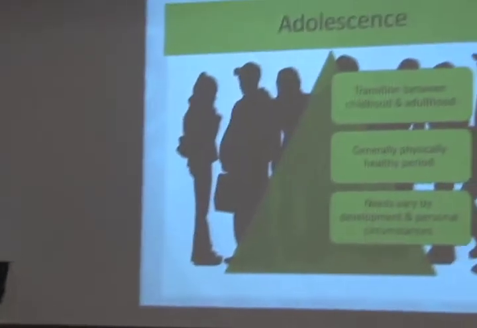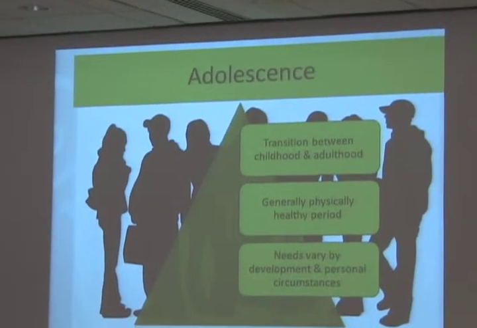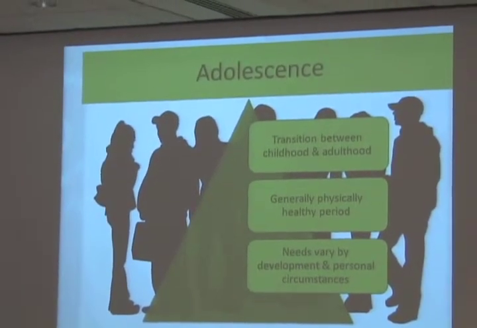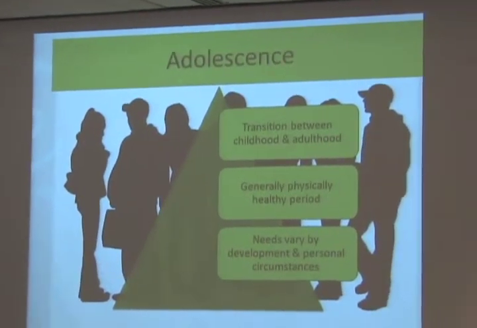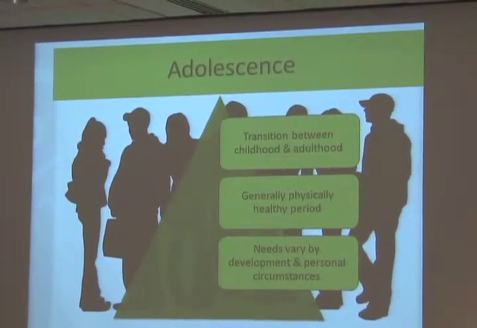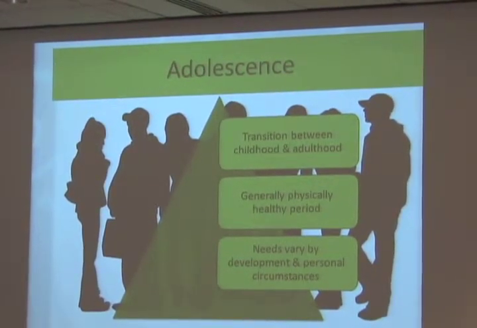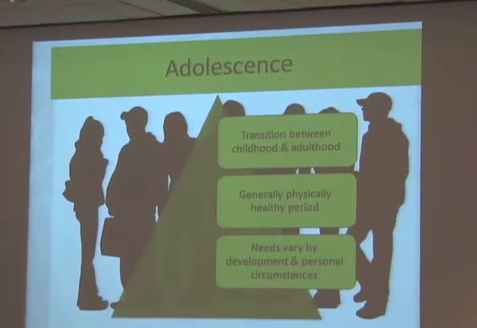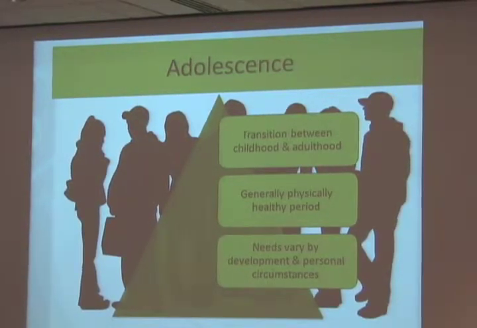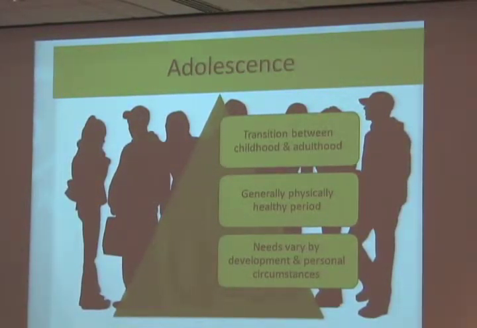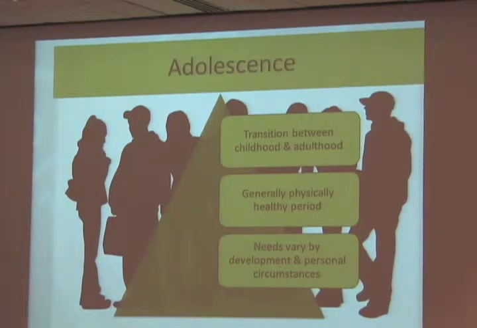So adolescents are not just big kids, small adults. They're unique. And it's fairly recent that neuroscience has shown us that the brain actually continues to rewire right up until your mid-20s. And it's the connection between your prefrontal cortex and the rest of your brain which is the last to develop. And your prefrontal cortex is responsible for judgment, for decision making, for knowing the consequence of your actions.